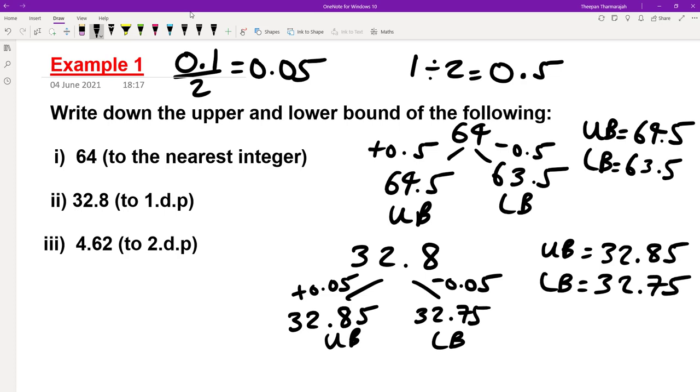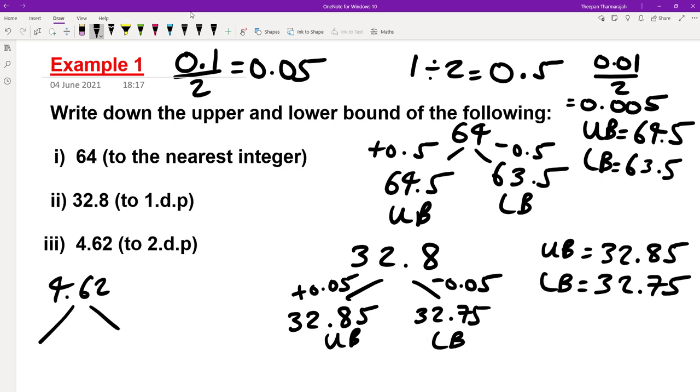And then for 4.62, we're going to do two decimal places. So we do 0.01 divided by 2, and that gives me 0.005. So then we can do plus 0.005.